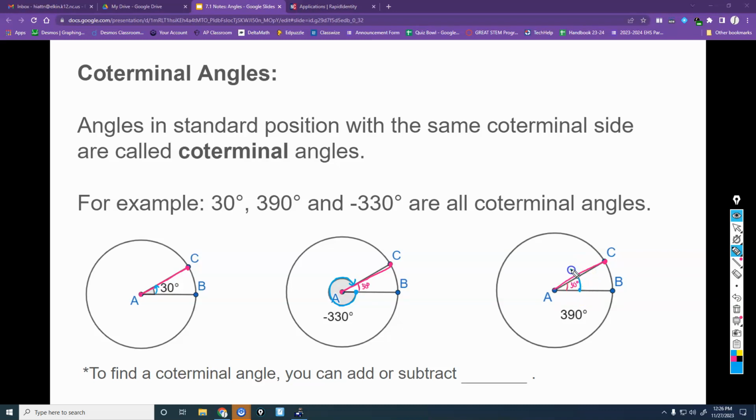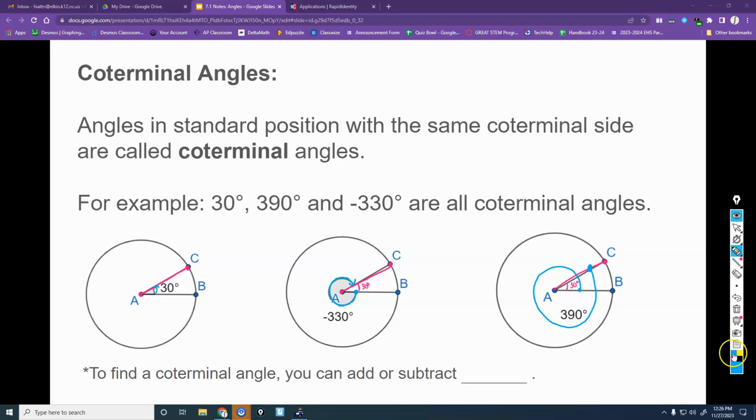You would have to go all the way around for 360 and then back up to the terminal ray. So all three of those, you end up in the same position, but you have different values for the angle.